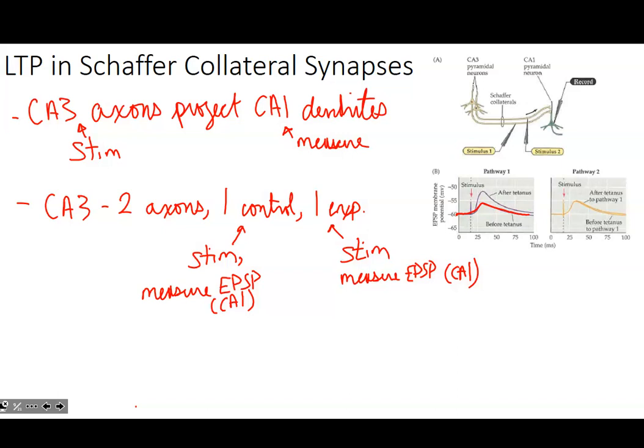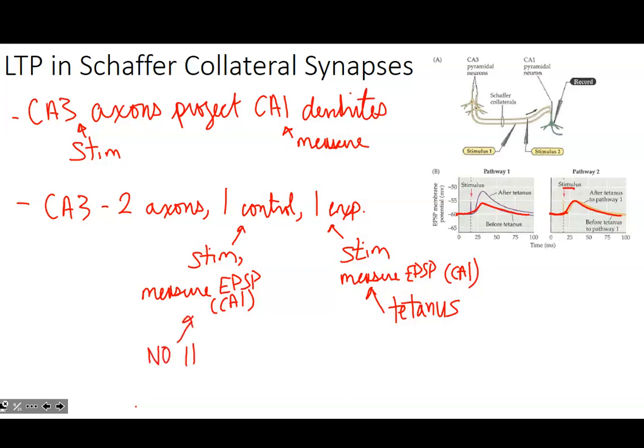Okay. And when they do this in their control, it looks very much the same. Here's the stimulus right here, and nothing's happening, cells at baseline, and now we notice this EPSP. Then the experimental neuron gets tetanized. Okay, so it's going to get high frequency stimulation to its axon, whereas this one, the control, doesn't get any of that tetanus.